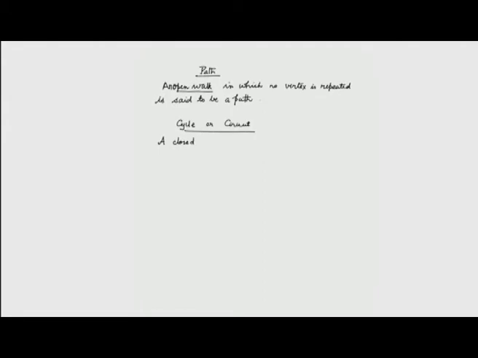A closed walk in which no vertex is repeated is called a cycle or a circuit.